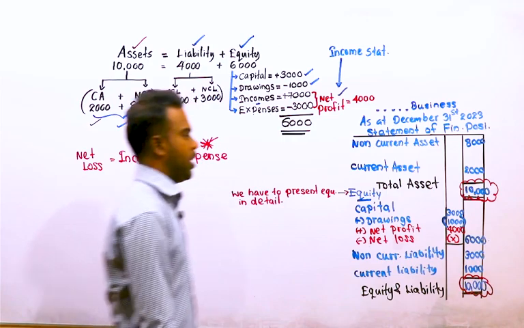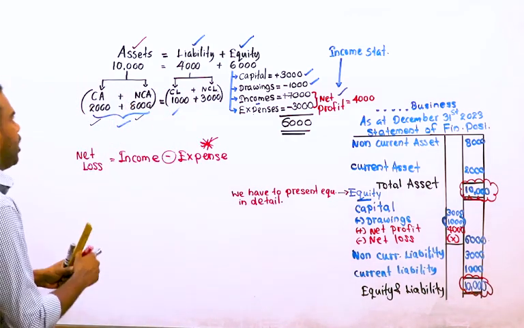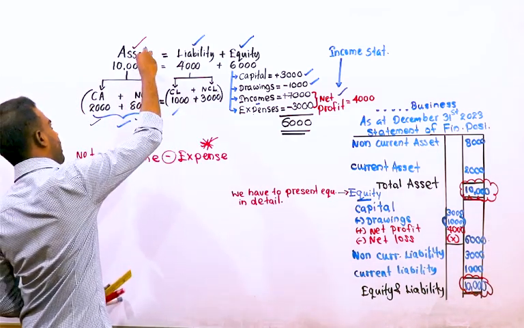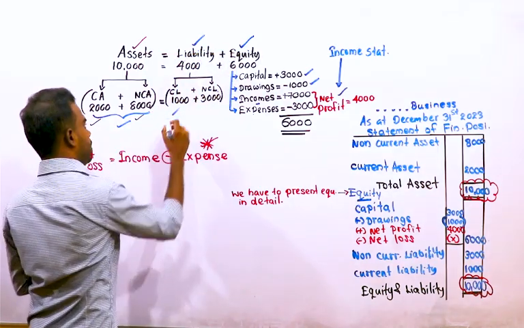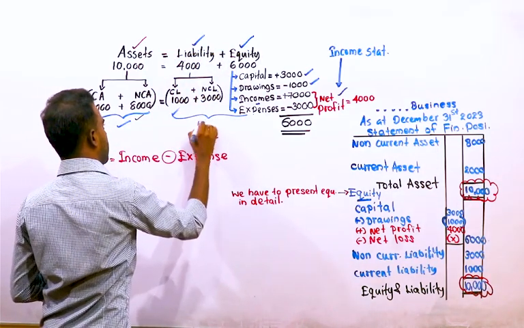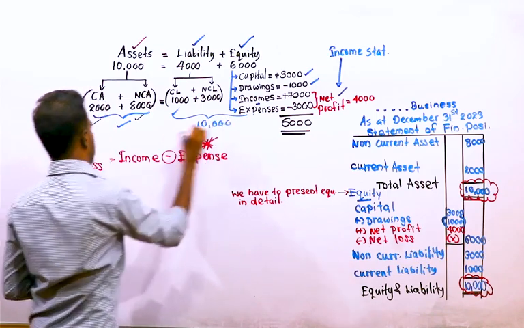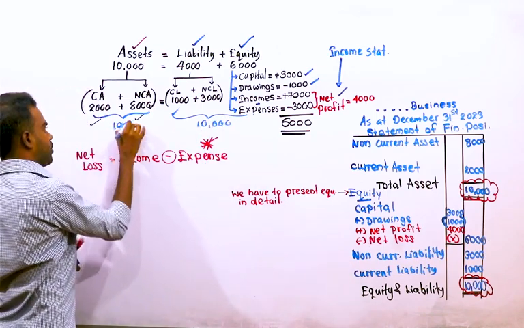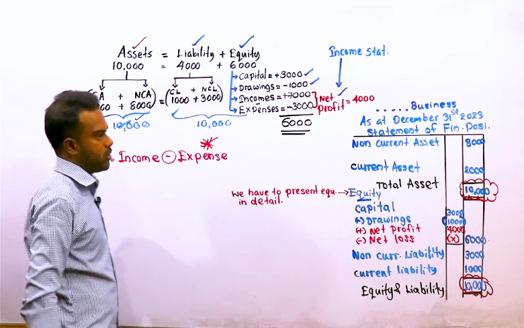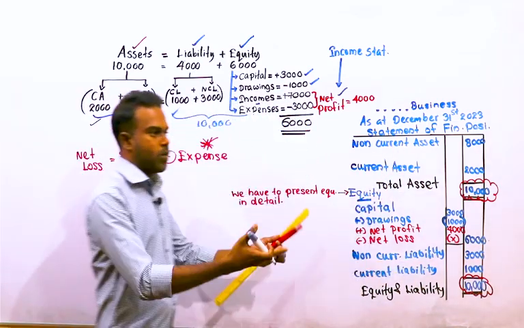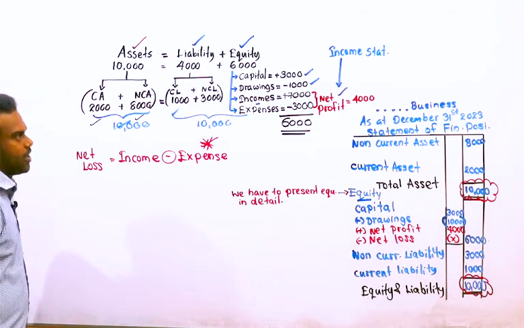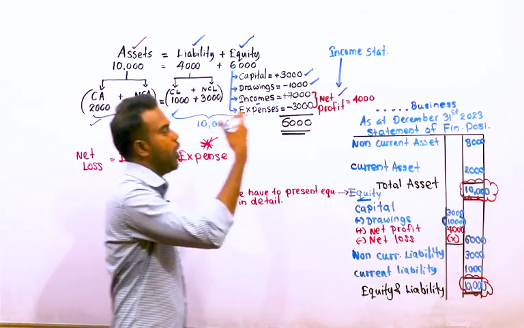The accounting equation also makes 10,000: assets equal to 10,000 here. Can you see the total? 10,000. Here also 10,000. Therefore, this one is actually the equation. Can't you see the equation here? That same equation you have to present in detail.